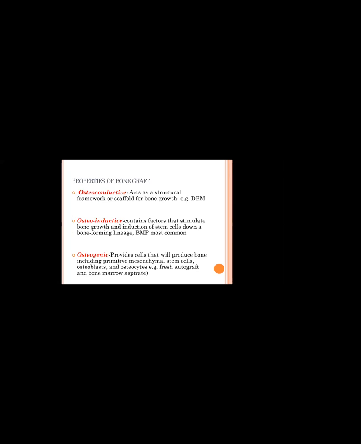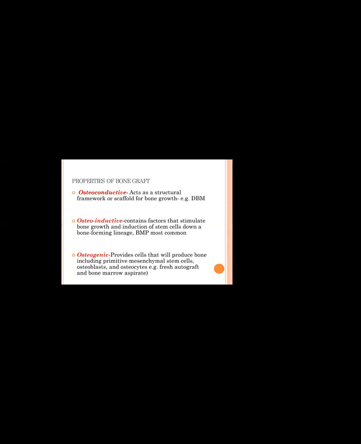There are three properties of a bone graft. One is osteoconductive, in that the bone graft itself acts as a structural framework or as a scaffold for the bone to grow. This includes mineralized bone matrix.